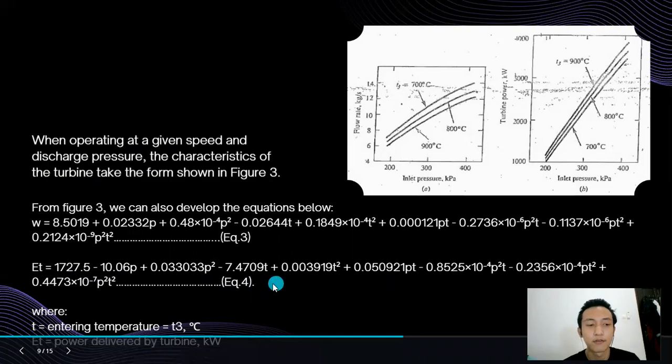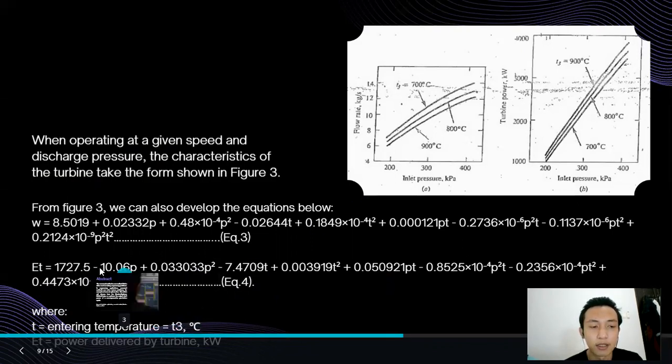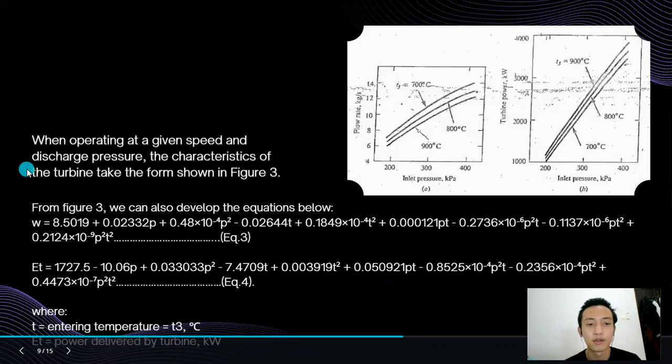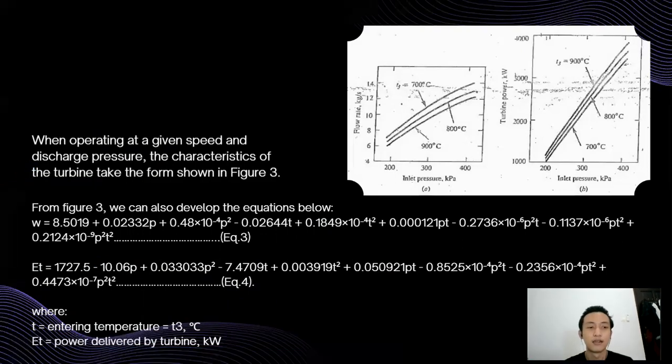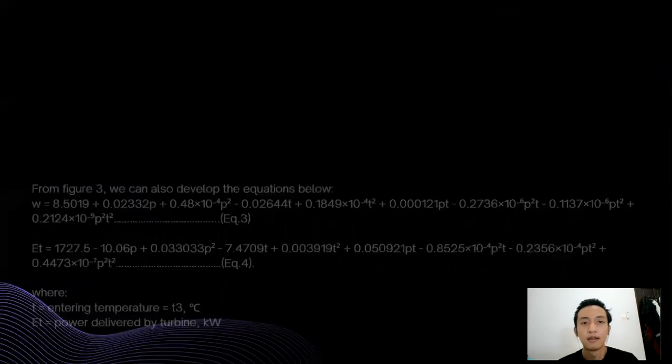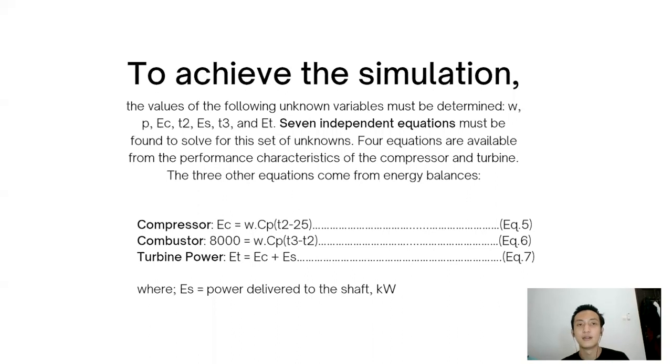It is a multivariable equation, where T equals the entering temperature, or T at point 3, T3, in degrees Celsius, and ET is the power delivered by the turbine in kilowatts. So, so far we have 4 equations. And then the next step, to achieve these simulations, is that the values of the following unknown variables must be determined.